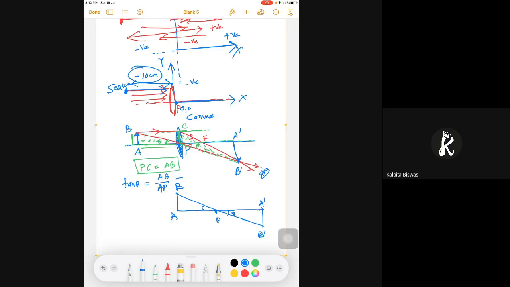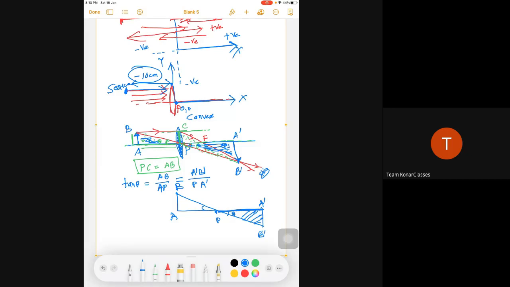In the same way, tan theta equals A dash B dash by P A dash, considering this triangle where this is theta and this is the base.